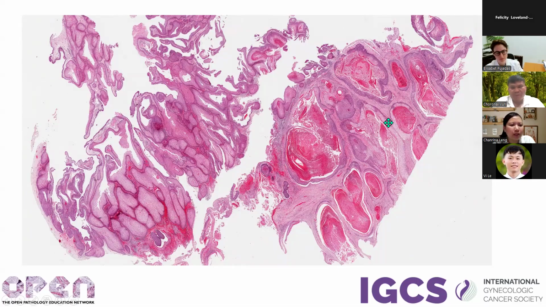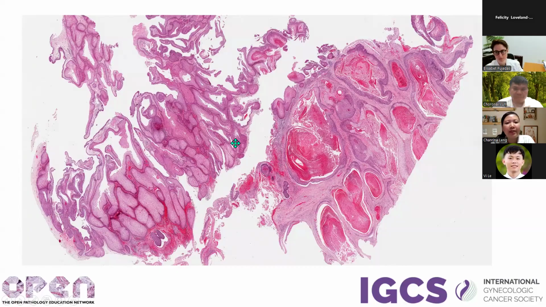This area looks bluer than the right one, and in the right part there is pink material inside the tumor nest, and the basement membrane seems irregular.